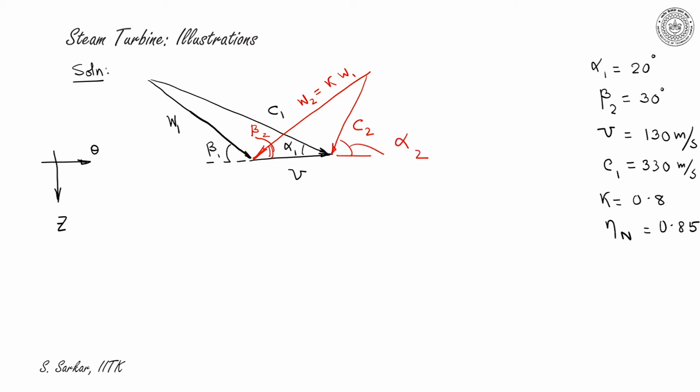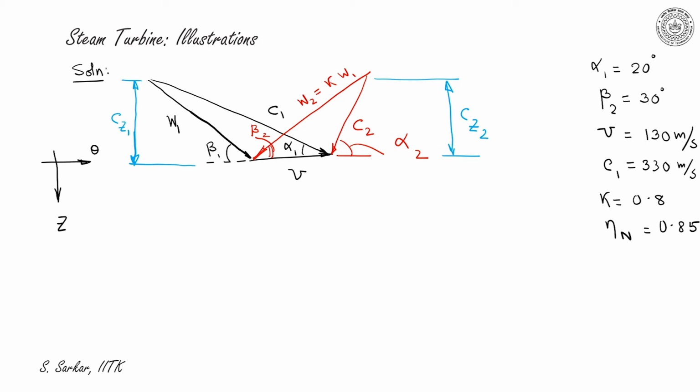Let me mark the components. This is CZ1, axial component of C1, and this is CZ2. Here CZ1 would not be equal to CZ2, so most probably there will be axial thrust, since W2 and W1 are not equal.